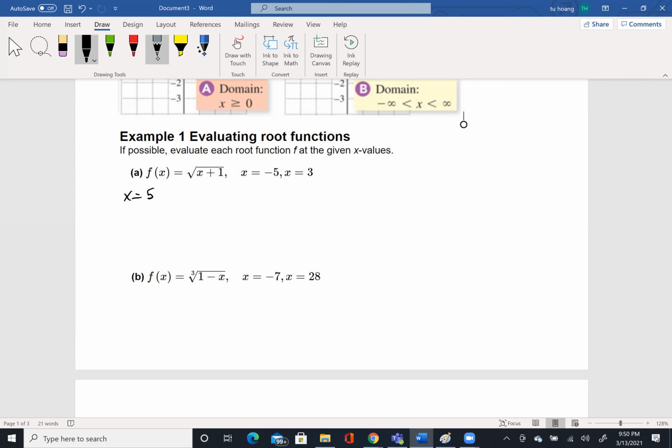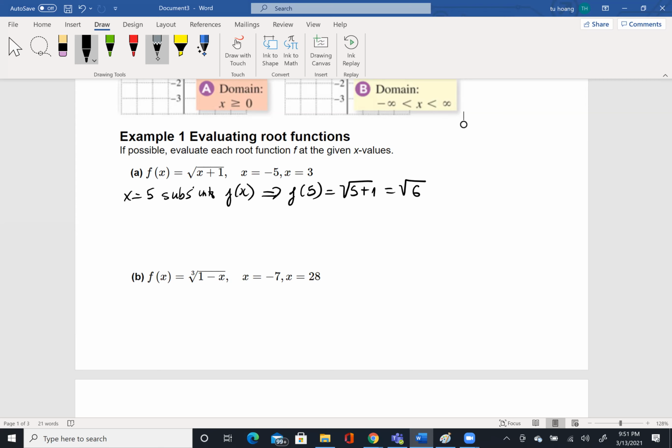Substitute into f of x, right? So evaluate means you just substitute the value into the function. So f of x now becomes f of 5 equal to square root of 5 plus 1. That equals square root of 6. That should be the answer for the first one.